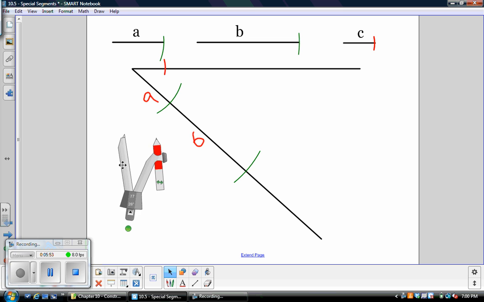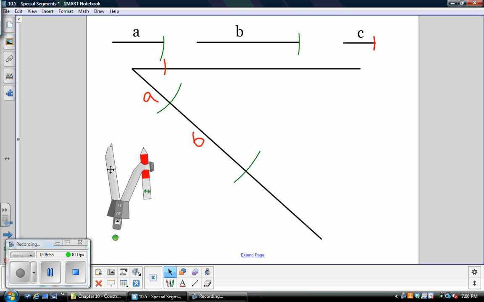Now what you do is using your straight edge. So I'm going to use my line tool. Connect the end of A to where C was.